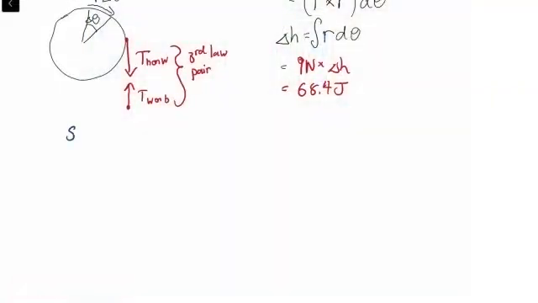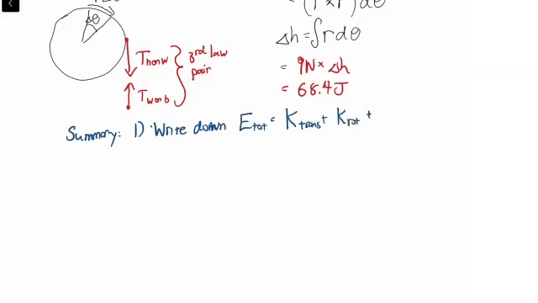So just to summarize real quick. One, write down the total energy as the sum of the potential and kinetic energies, right?